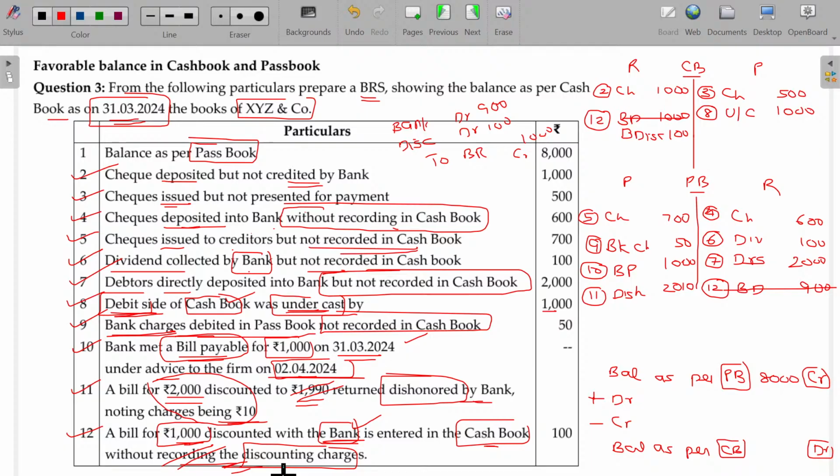So while recording in my book, I show the value as 1000. You have to show only 900 rupees here, but it is shown as 1000 wrongly. Another 100 rupees excess. So 100 rupees excess on the debit side is overcasting. Now come on, add all the debit side as well as the credit side in total.